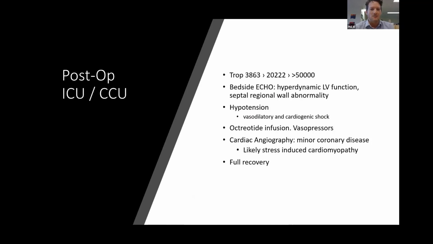Cardiac angiography overnight showed that there was only minor coronary disease, and it was most likely a Takotsubo cardiomyopathy that was giving rise to the troponins. The next day, the patient made a full recovery. He was virtually asymptomatic, only some post-operative pain, and he was feeling a whole lot better for the surgery.